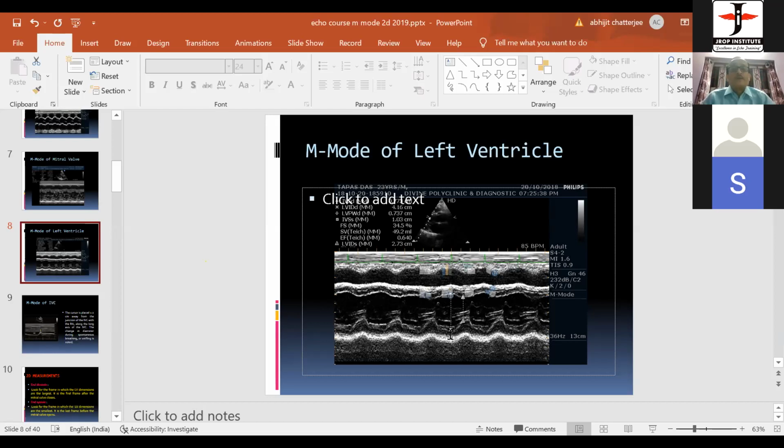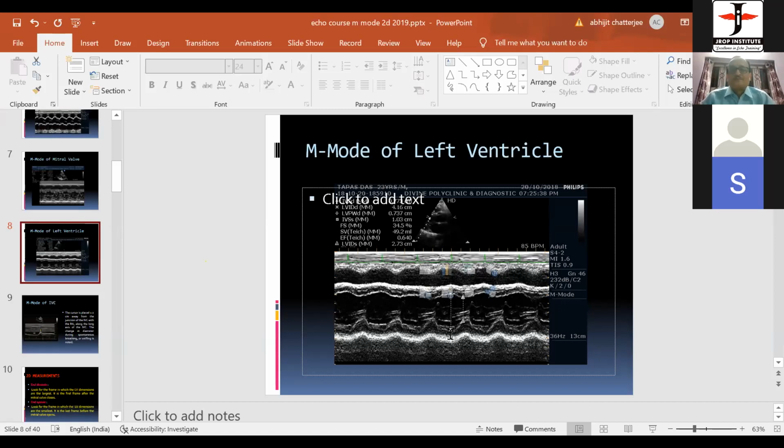Consider them to be part of the blood-filled cavity. Then you will never make a mistake. All right, sir. Thank you. And remember that the mitral valve is also part of the blood. So you join the two mitral annuli by a straight line and not a curved line along the mitral valve leaflets. Okay, sir.